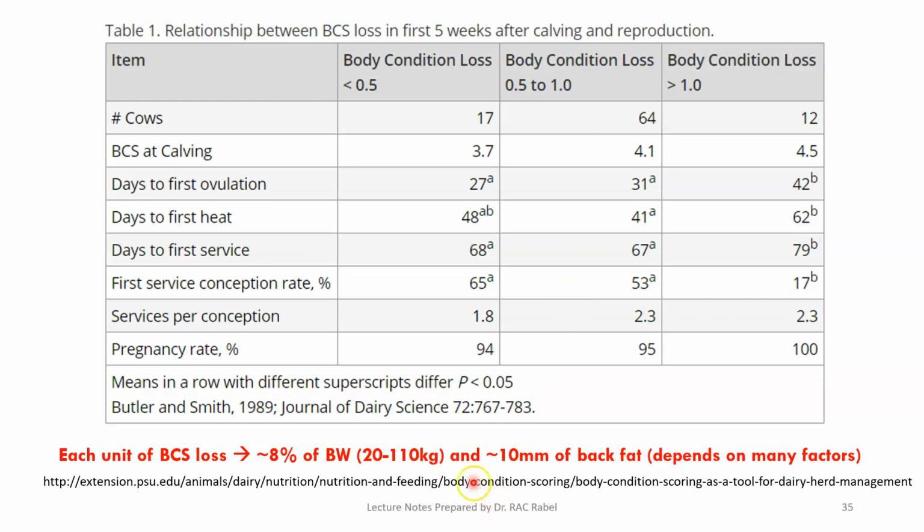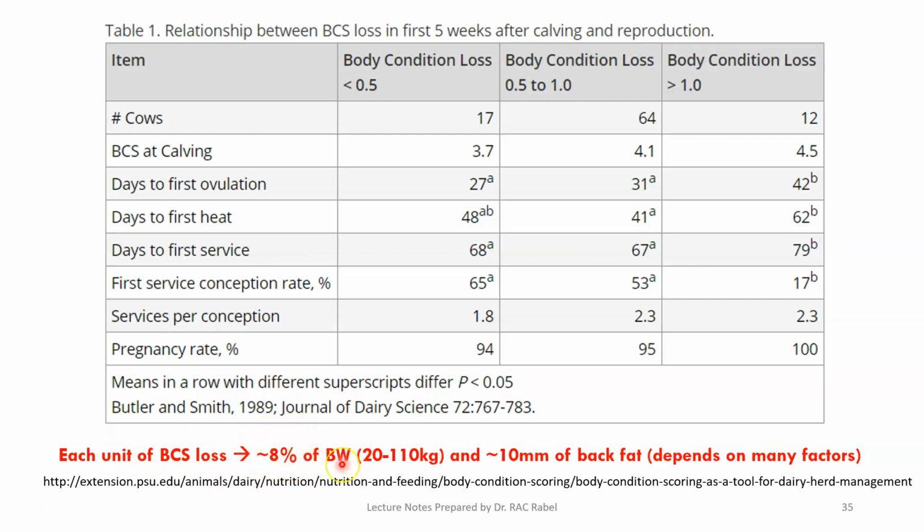Something you need to almost memorize is that generally, each unit of body condition score, that means 4 to 3 or 3 to 2 or 5 to 4, is usually about 8% of the body weight.